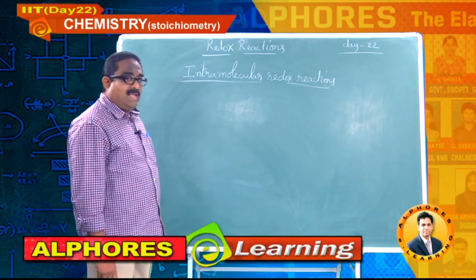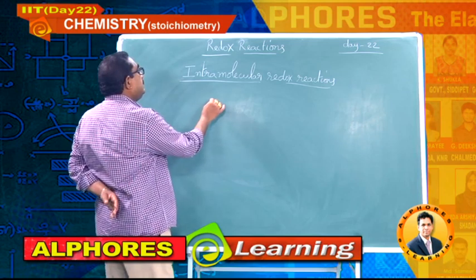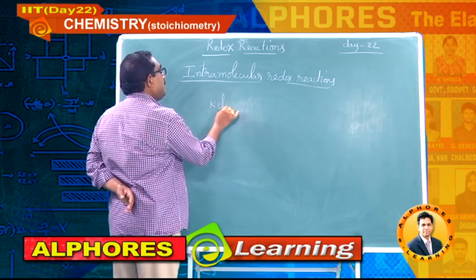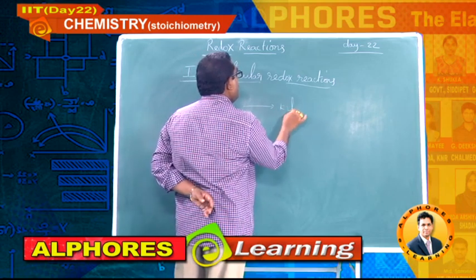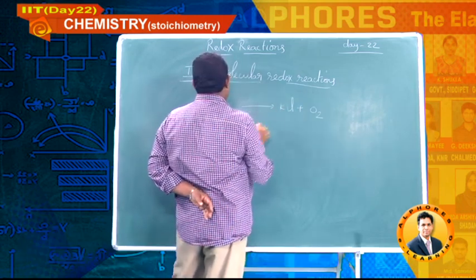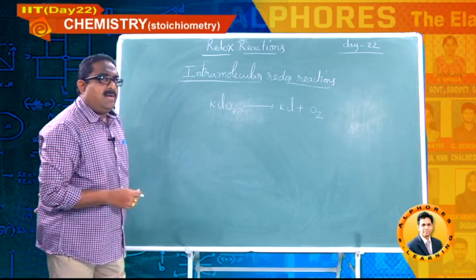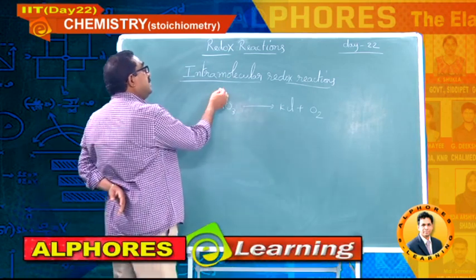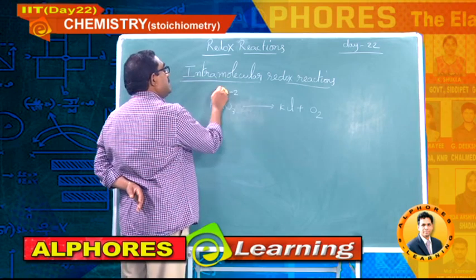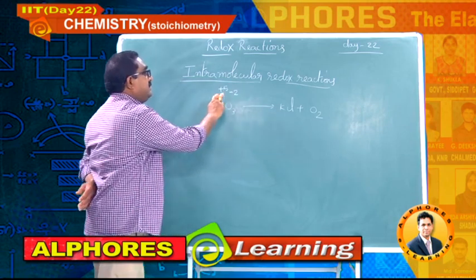Let me explain with an example. No need to balance the reaction for oxidation numbers, don't worry about it. Here oxygen is -2, chlorine +5.